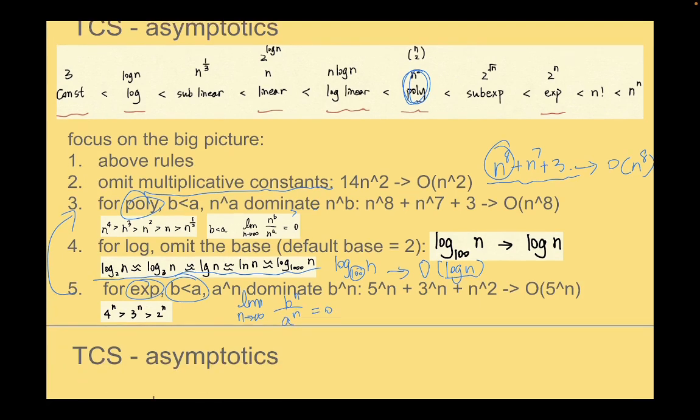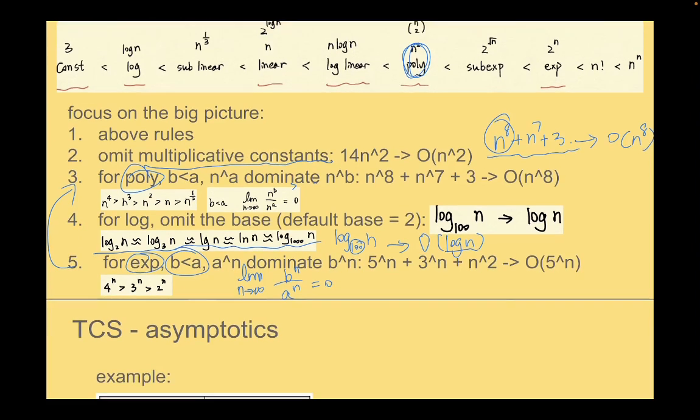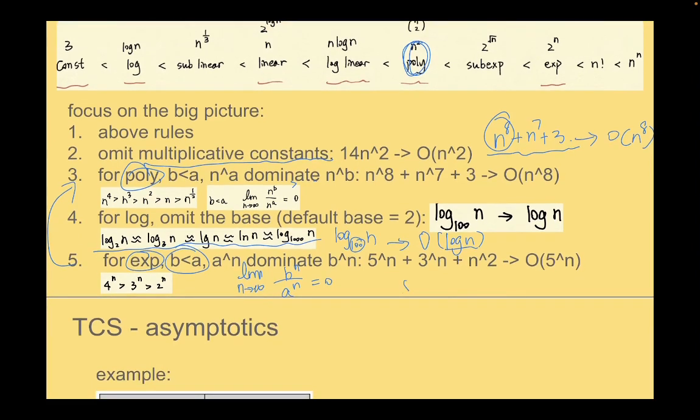Okay, so if we meet some formula like 5 to the n plus 3 to the n plus n squared, we know that polynomials are dominated by exponentials, and this is the biggest exponential, so it's basically 5 to the n, right?